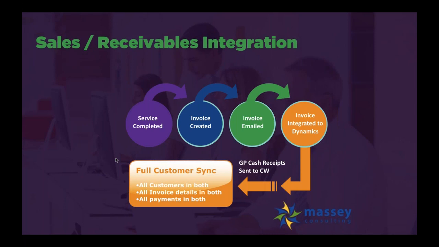One thing to note, we do have cash receipts that get sent back to ConnectWise. So if you receive cash in Sage Intacct, we can reflect that back over into ConnectWise as well. And not only can we reflect that, but again, here's one of the differences. We can reflect that in detailed payment information.